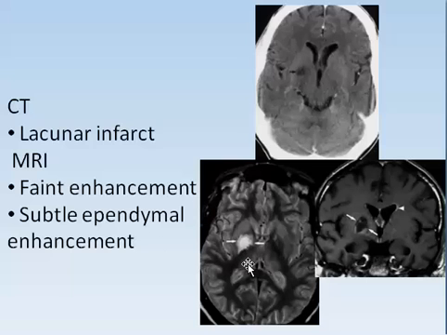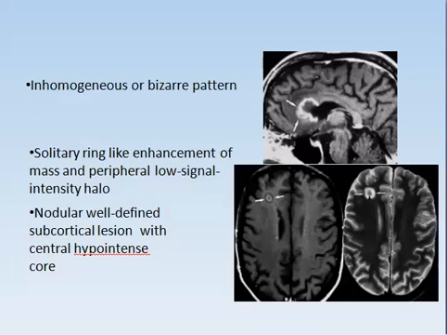In FLAIR there is definite edema, while in T1 weighted images there is faint ring enhancement, and also there is subependymal minimal enhancement. So these are bizarre appearances which can occur as ring or lacunar infarct or tortuous area of enhancement like this one, or ring, and so on.